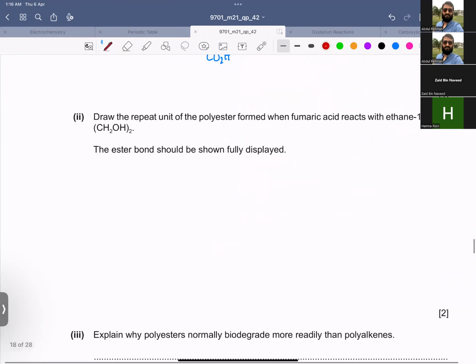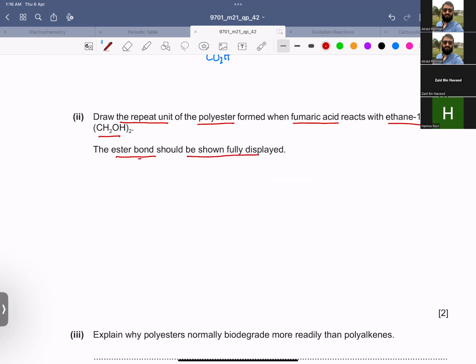Now, draw the repeat unit of polyester formed when fumaric acid reacts with ethane 1,2 diol. Draw the ester bond. Okay, do we have to draw the repeat unit? The ester bond should be fully displayed.